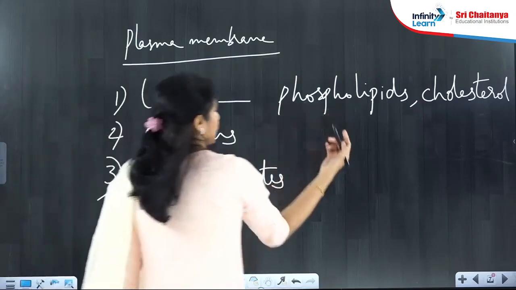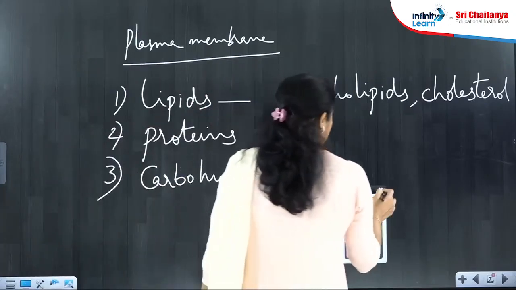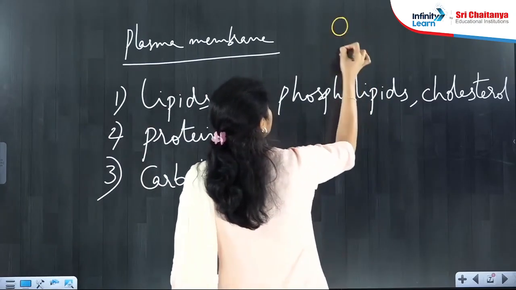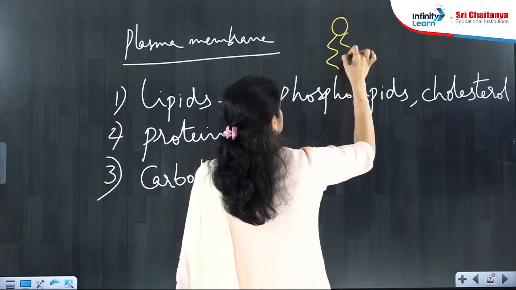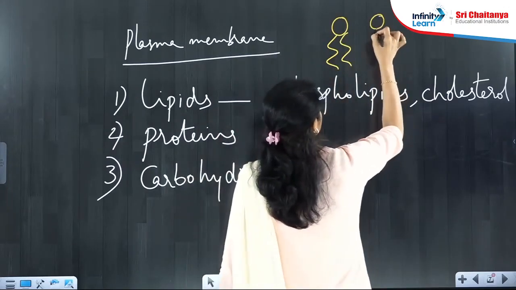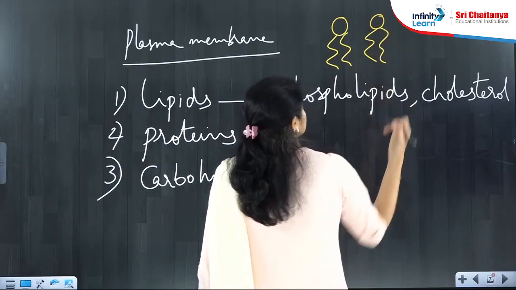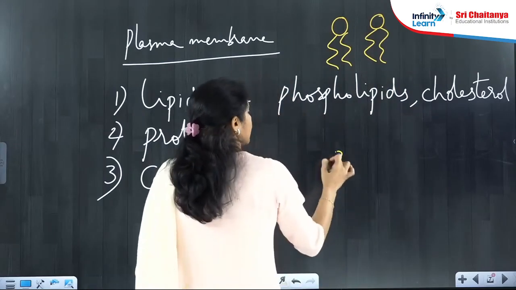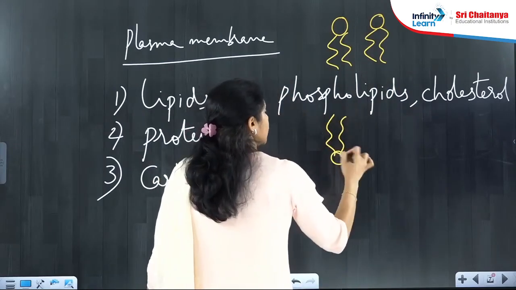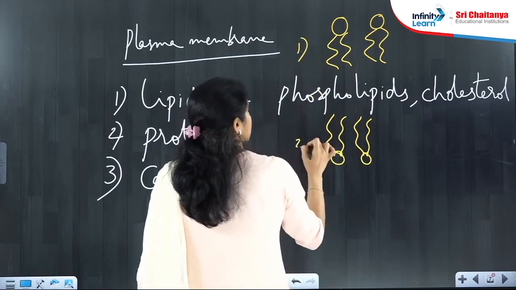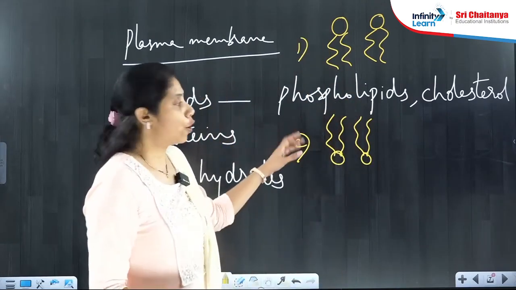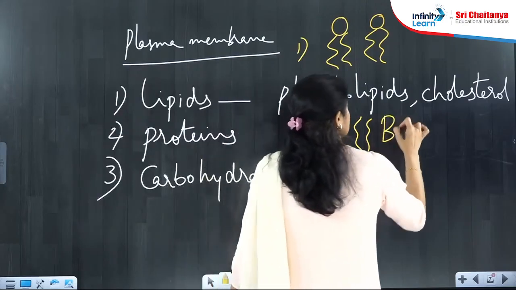And these phospholipids will be looking like this structure. They will have one round head and they will have tails like this. Each phospholipid will have this type of structure. And phospholipids are arranged in a bilayer form. You can see in the diagram, this is one layer, this is the second layer. So it is called a phospholipid bilayer.